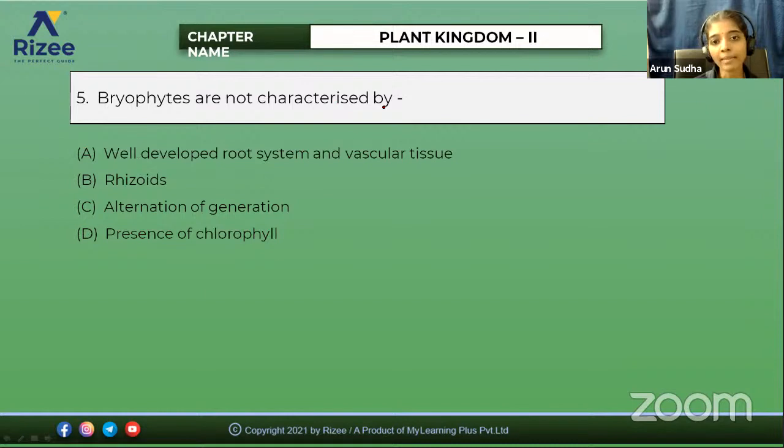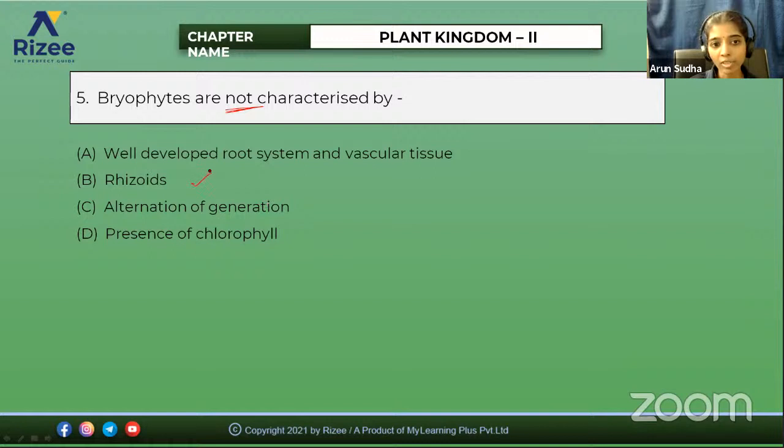Bryophytes are not characterized by, so be clear while reading, then only you can answer correctly. Bryophytes are not characterized by: well-developed root system and vascular tissues, rhizoids, alternation of generation, and presence of chlorophyll. So what is the correct answer for this? Yeah, good, Karunya, A. That is, the bryophytes are characterized by rhizoids.